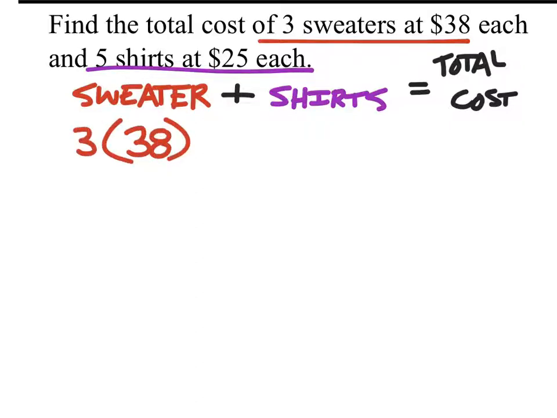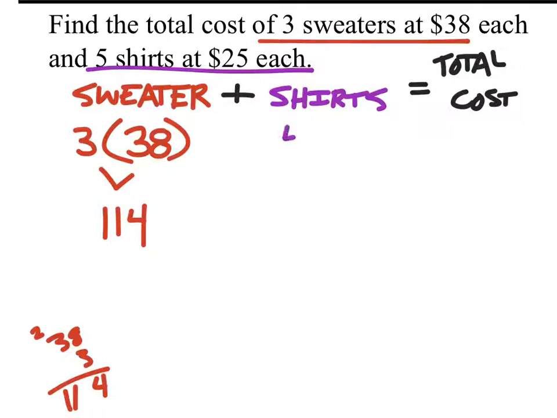So that's a multiplication problem. And we could evaluate this right now. 3 times 38, 24. 3 times 3 is 9, plus the 2 is 114. So just in the sweaters, we're looking at $114.